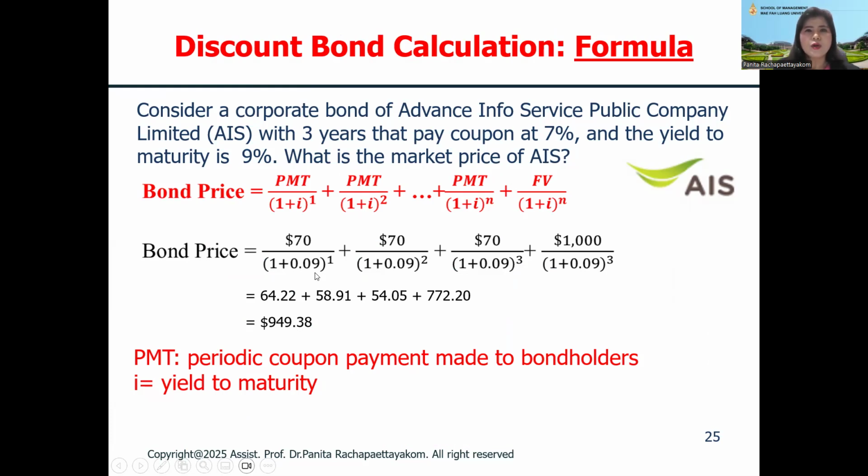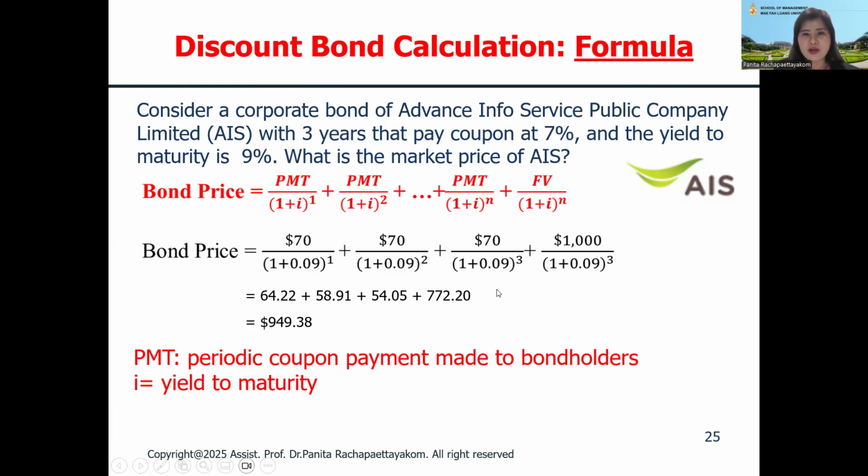For cash flow number 1, you apply 70 baht as the PMT with 9% to the power 1, then power 2 for cash flow 2, until cash flow number n. In this case there are just 3.